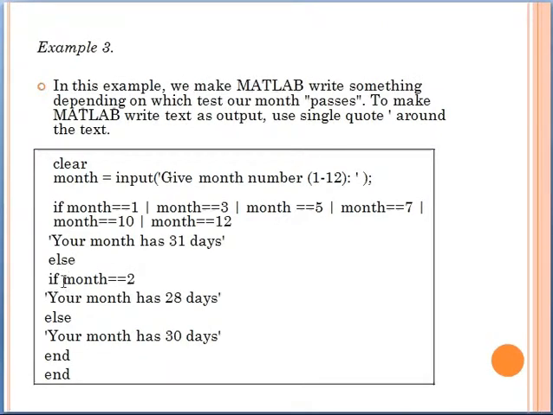Else if the input is 2, output should be 'your month has 28 days'. Else, 'your month has 30 days'. In this else, all the cases will come except these, that is 4, 6, 8, 9 and 11.